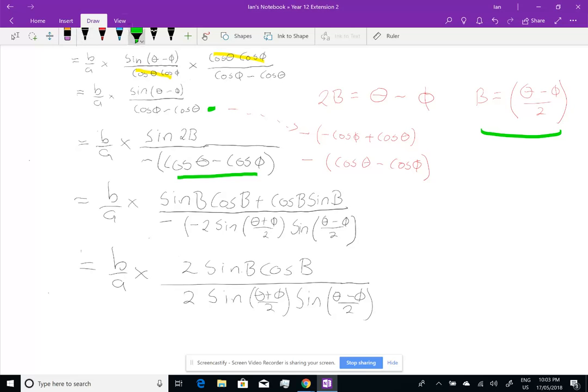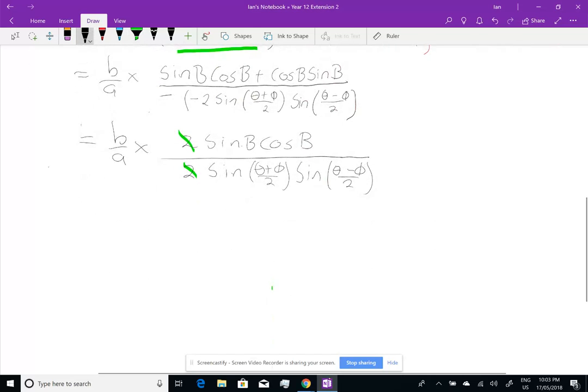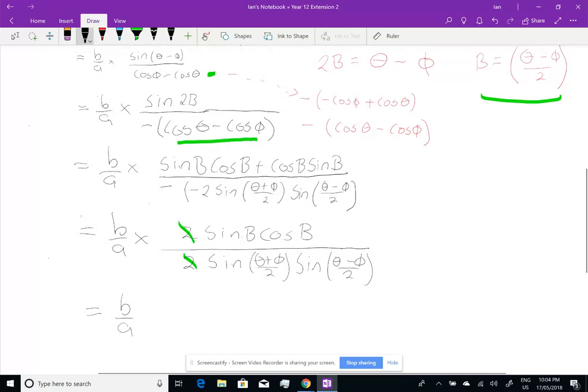Now you can see straight away the 2's are going to go. Let's progress a little further. We've still got that b on a sitting out the front. Now we'll put the b's in, here and here.